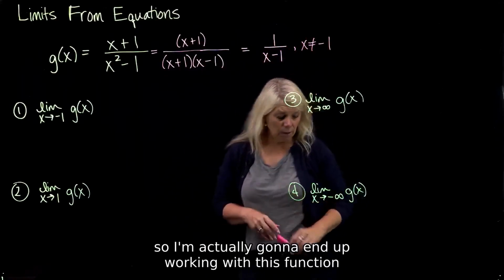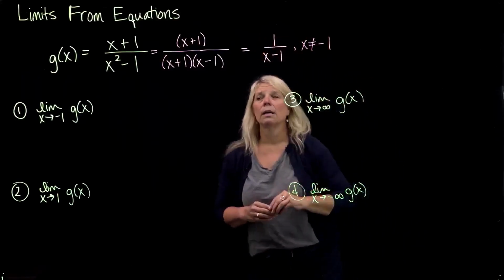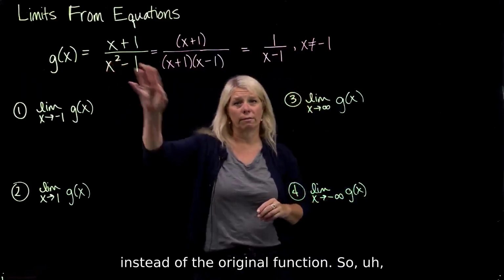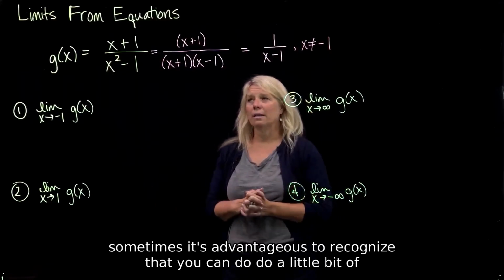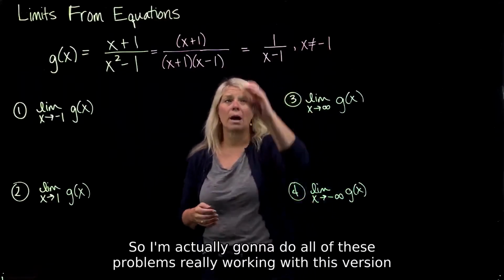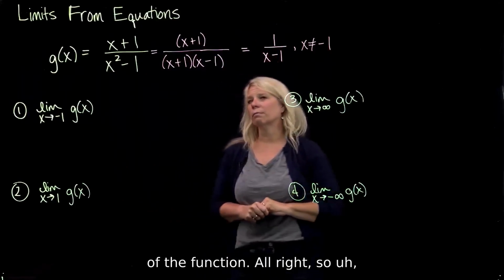All right, so I'm actually going to end up working with this function instead of the original function. So sometimes it's advantageous to recognize that you can do a little bit of simplifying. So I'm going to do all of these problems really working with this version of the function.